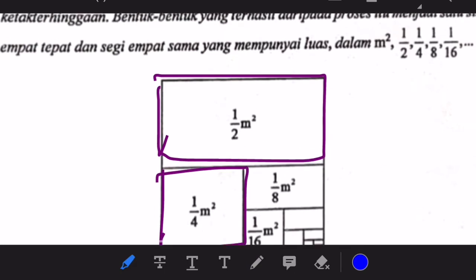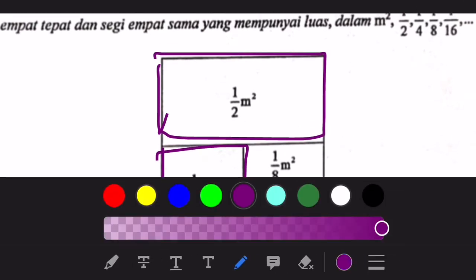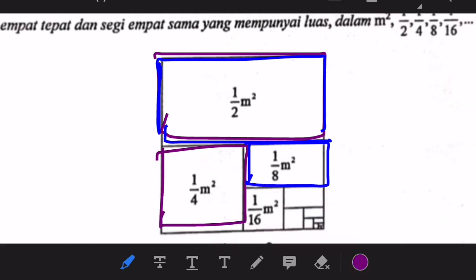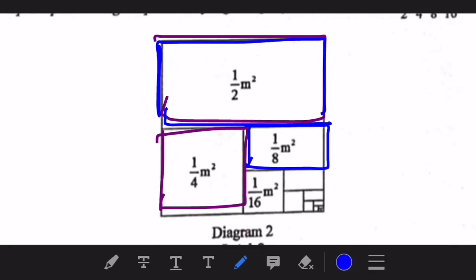Let me show you. This is a rectangle, the first one, and you notice that the pattern is the third one is a rectangle, and then the even one will be the square. You can see that there is a repetition of the pattern.